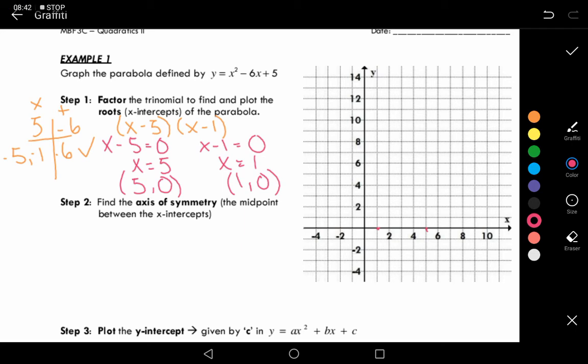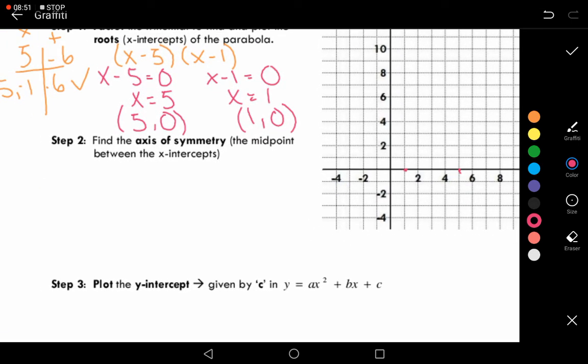Next, we need to find the axis of symmetry. Again, that axis of symmetry is the midpoint between the x-intercepts. In order to find that, we use our x-vertex formula. So we have x-vert, remember, equals r plus s divided by 2. Those r and s are just simply the values of x you found above.